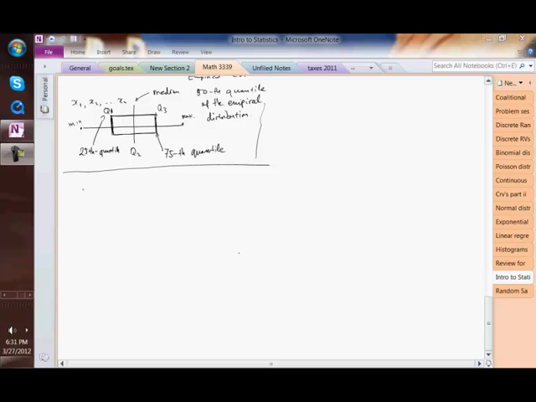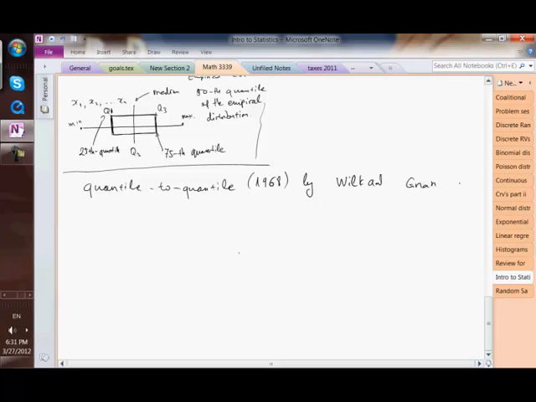I want to introduce the QQ plot, or the so-called quantile to quantile plot, which is a technique that was introduced in 1968 by Wilk and Gnanadesikan.